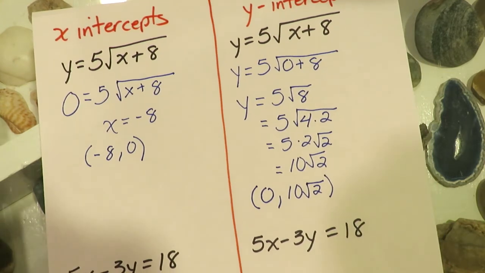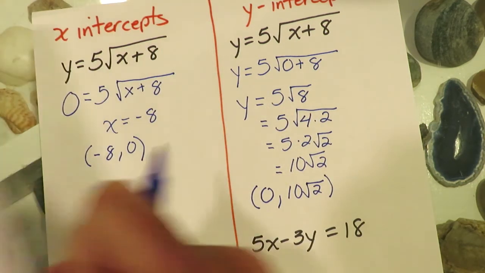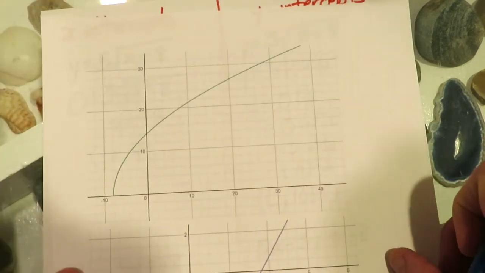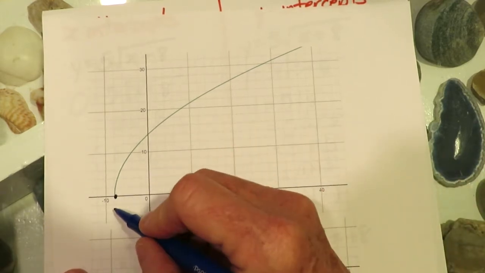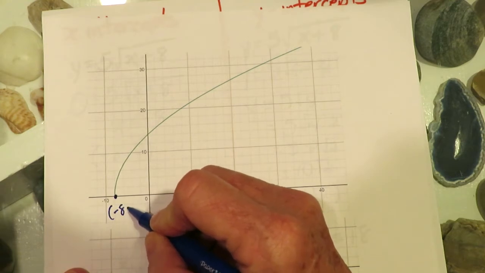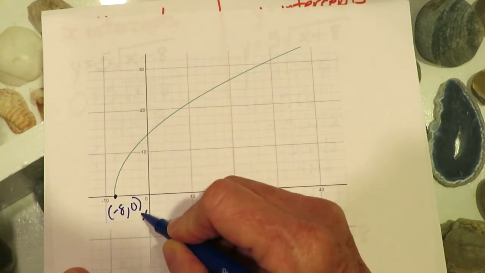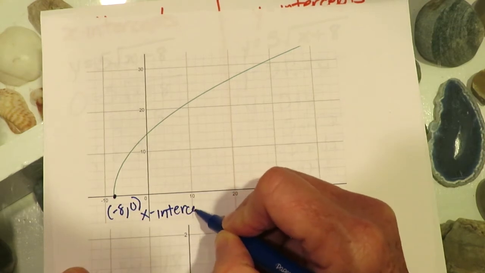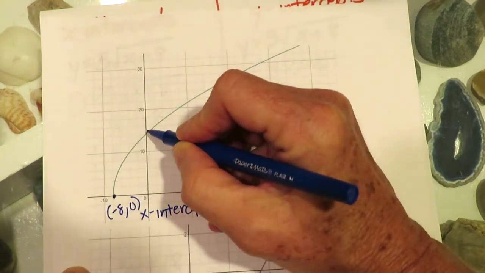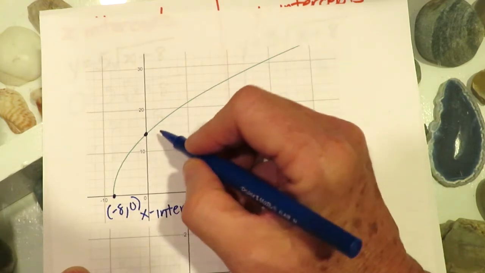So if we do look at that graph, here we're hitting the x-axis at (-8, 0) for the x-intercept, and we actually see our y-intercept here.